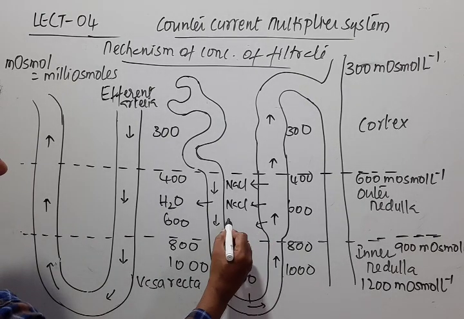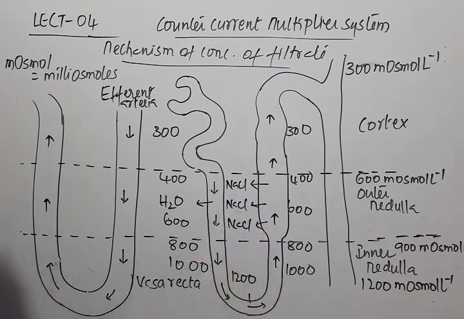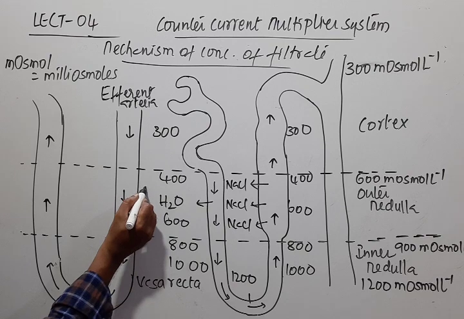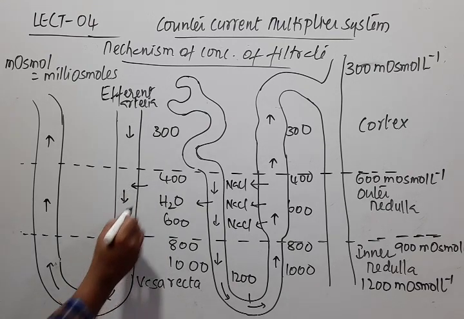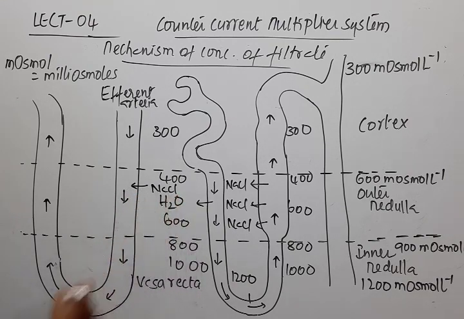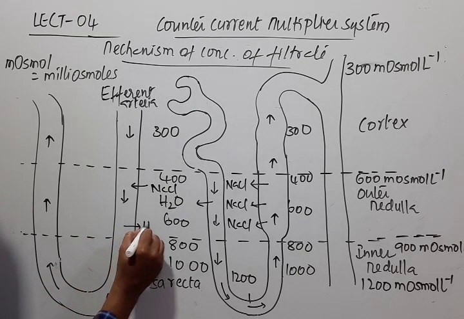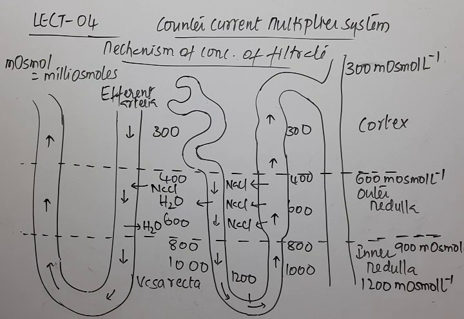And some of the NaCl that is released into the interstitial fluid will enter into the vasa recta. So here NaCl, and some water will also come out from the vasa recta into the interstitial fluid.